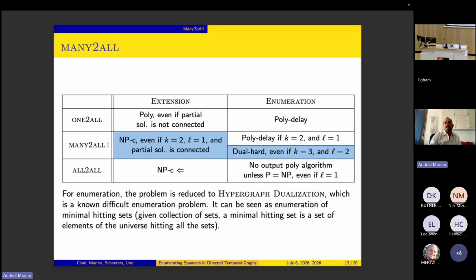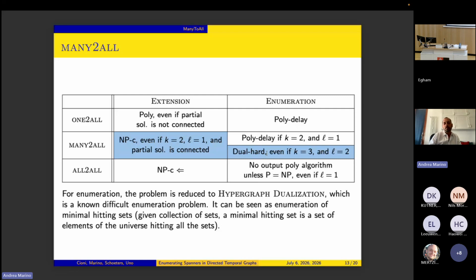It is the many to all case, in which you have two sources and temporality 1. The extension problem we can show is NP-complete, even if the partial solution is connected.